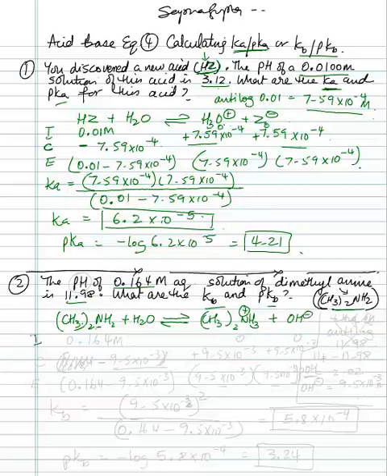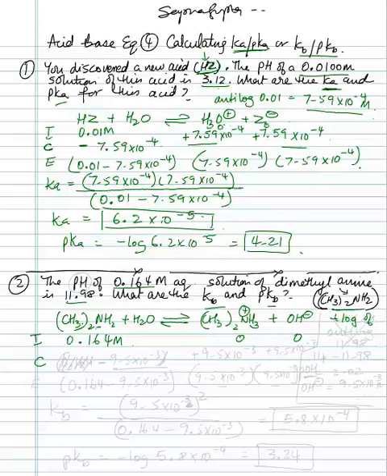Initially, your concentration is 0.164 molar, and initially these are both 0. I won't make the same mistake I did before. So 0 and 0 is what you start with. The change is where you use the given pH of the solution.